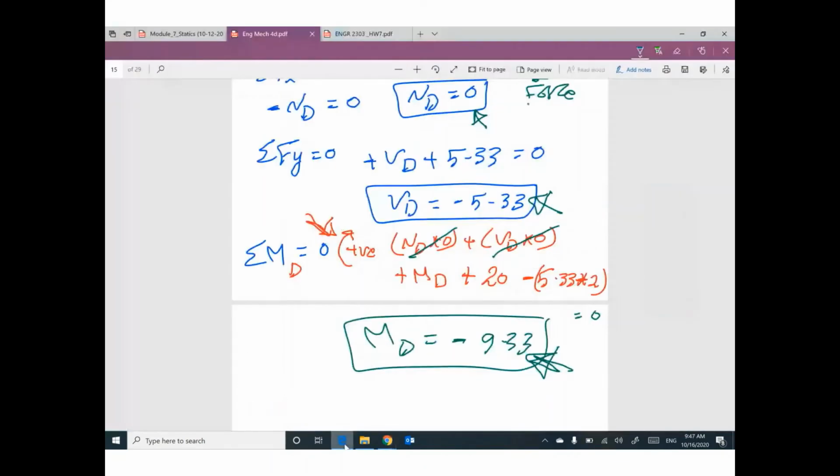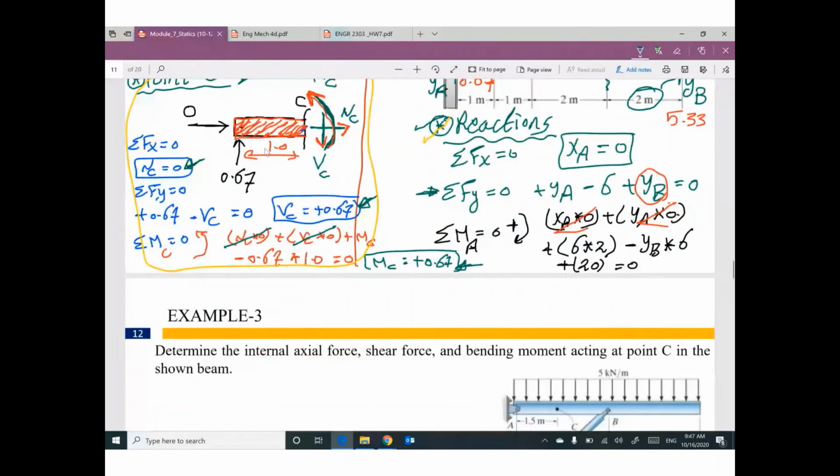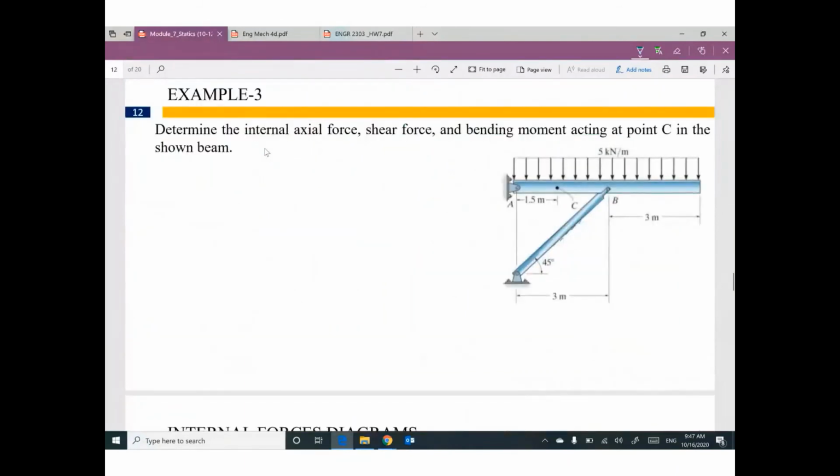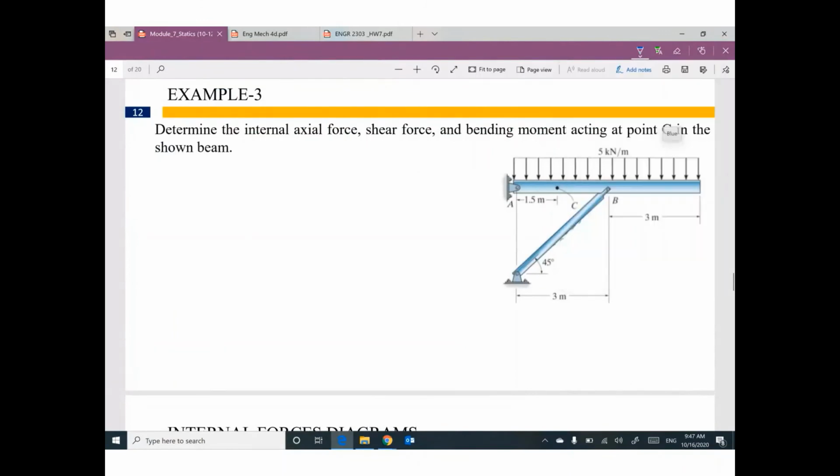Any question? Very simple problems, if you can figure out the reactions. I believe I covered this kind of problem in the reaction module. Do you remember?